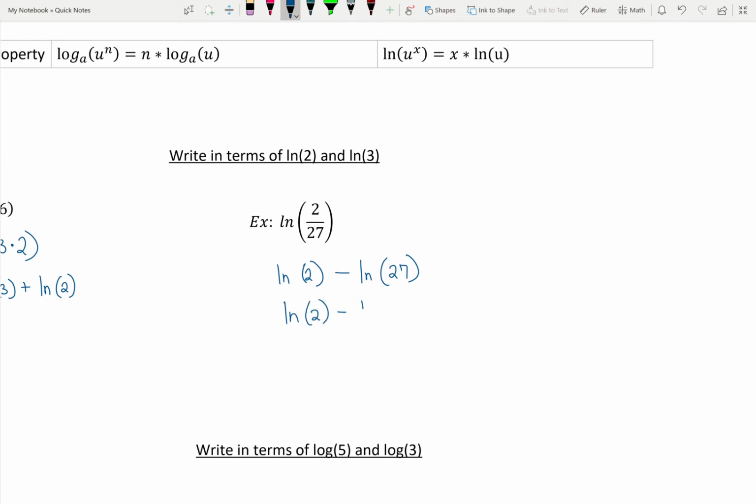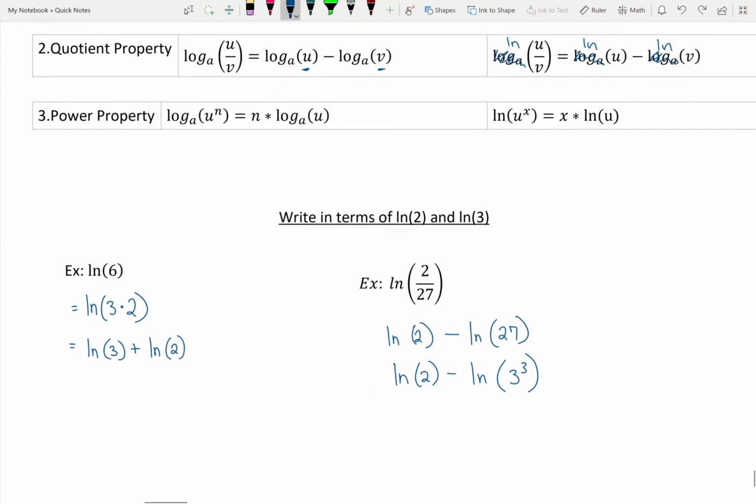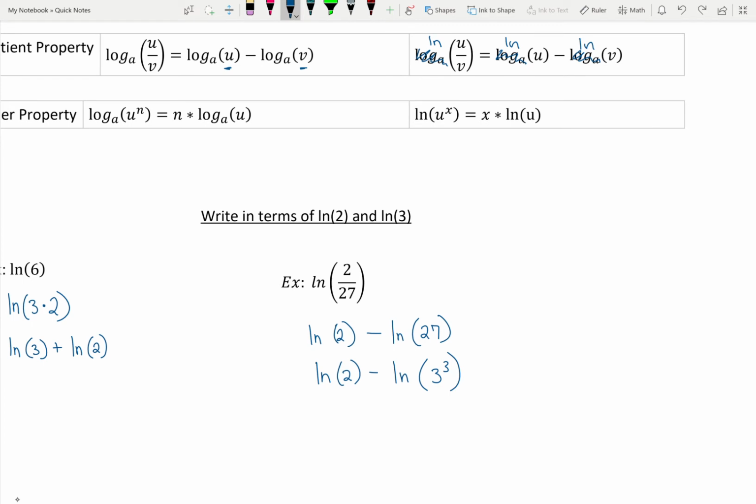So one thing I do know is that 27 is equivalent to 3 to the third power. So now I have my base 3, but the only thing is I have this extra 3 in the exponent right here. I got to get rid of that guy. So how do I get rid of him? Well, I use the last rule. I use the power property. And the power property says that if I have ln of something raised to something, I can take that exponent and bring it down and multiply my ln by it.